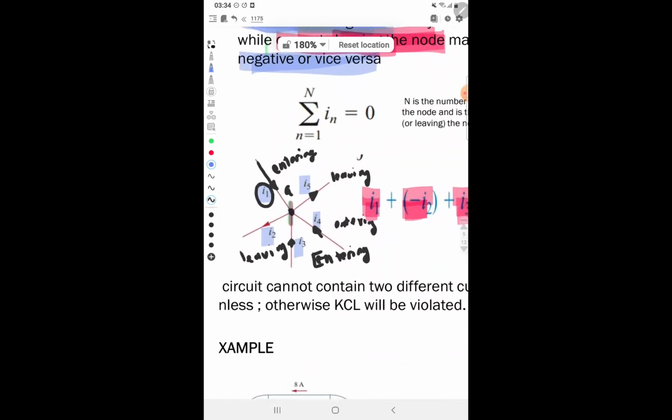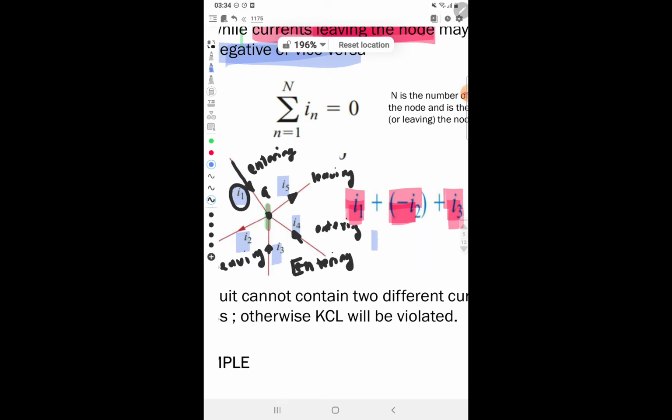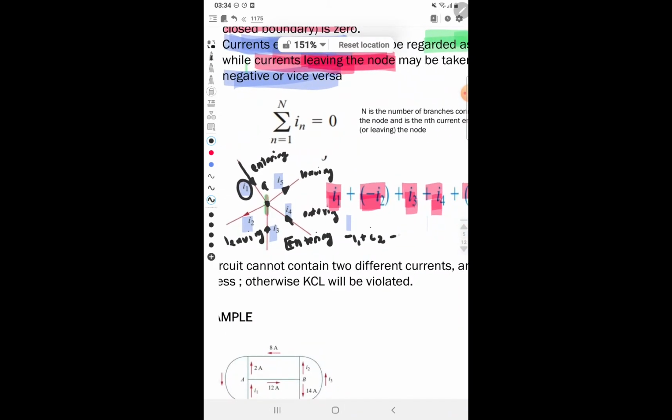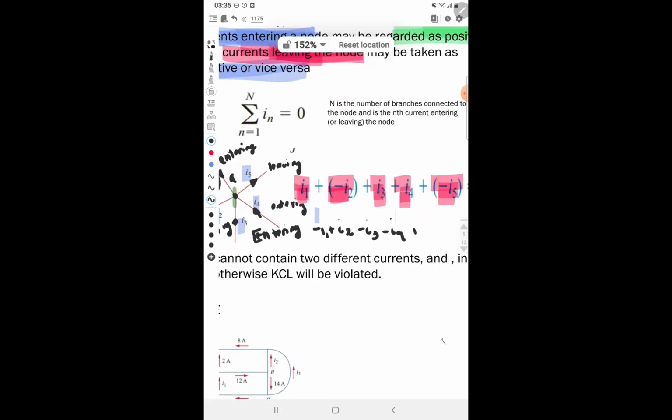But probably, pag gusto mo namang sabihin na yung entering mo is negative, pwede natin sabihin na negative I1, tapos yung leaving mo is positive, so positive I2, negative I3, negative I4, and then positive I5 equals 0.